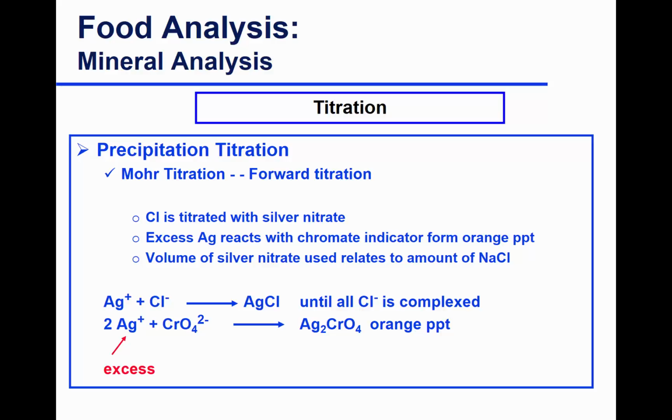And then the next drop from your silver nitrate, in the presence of a chromate indicator, you'll end up with an orange precipitate. And that would be the end of your reaction. And here, the moles of silver at equivalence would be equal to the moles of chloride in the sample.